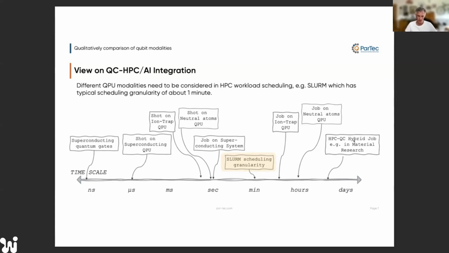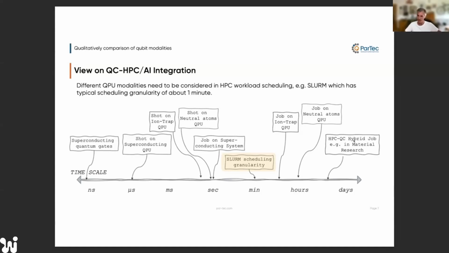So we have to do shots on the superconducting QPU. One circuit moving through the quantum computer is one shot, and at the end we need thousands of shots, which is in microseconds. Then we are on a job level, which means these thousands of shots to get the job done on a superconducting system take seconds.